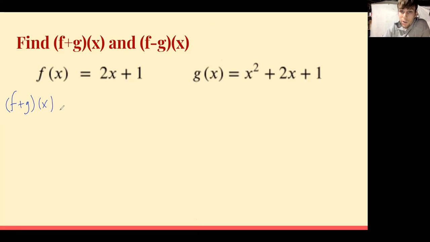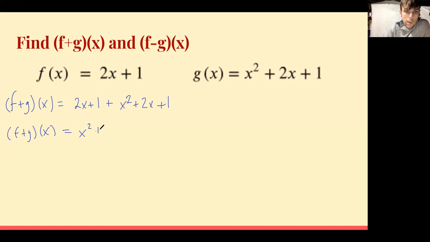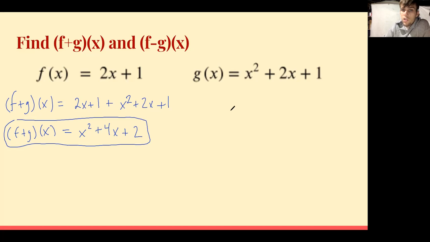If this was subtraction, it would be important, but I am going to do it in the order that it's written here. So that's just going to be 2x plus 1 plus this other function, x squared plus 2x plus 1. With adding, we're just combining like terms. So we're going to get x squared plus 4x plus 2. And so our answer here is this function, the sum of these two functions, f and g.